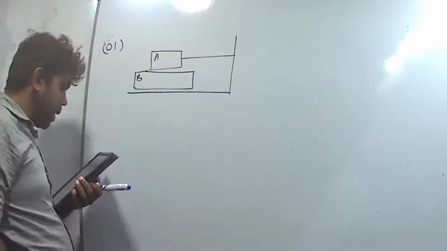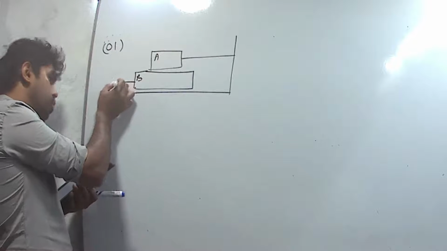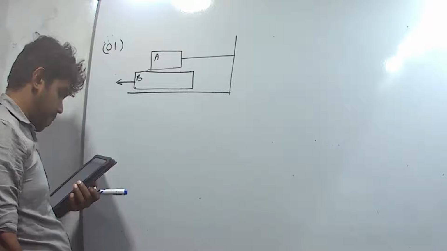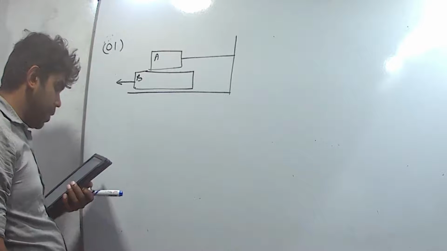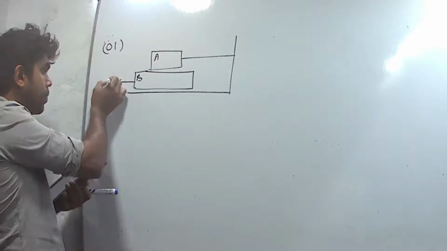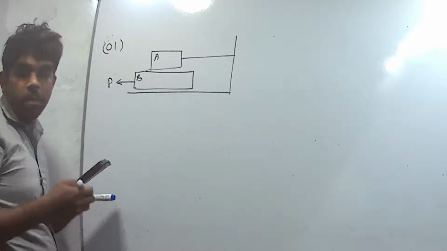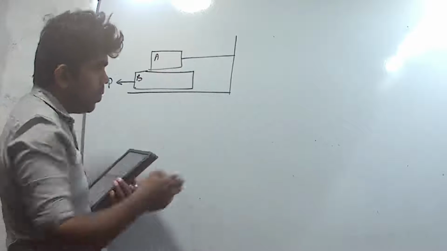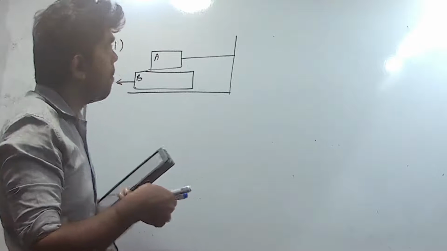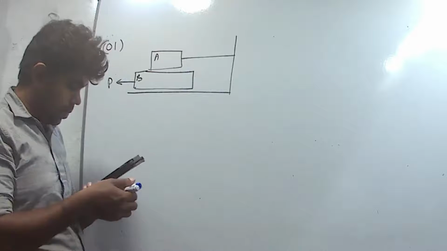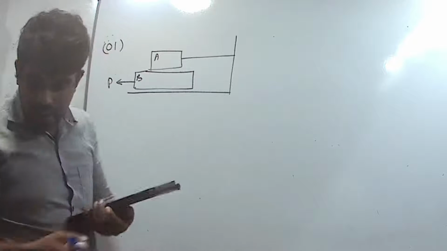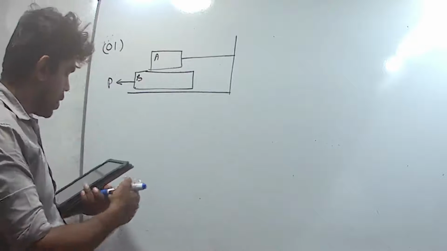We have to find the minimum force required to drag B to the left. We have to find the minimum value of P to move B to the left hand side. Then I will mark the frictional forces.